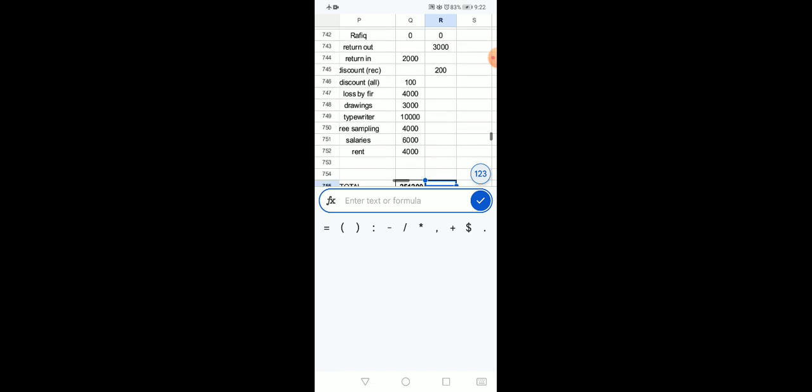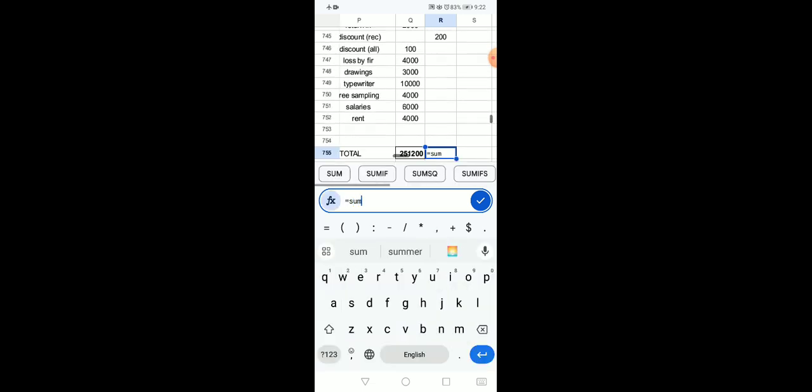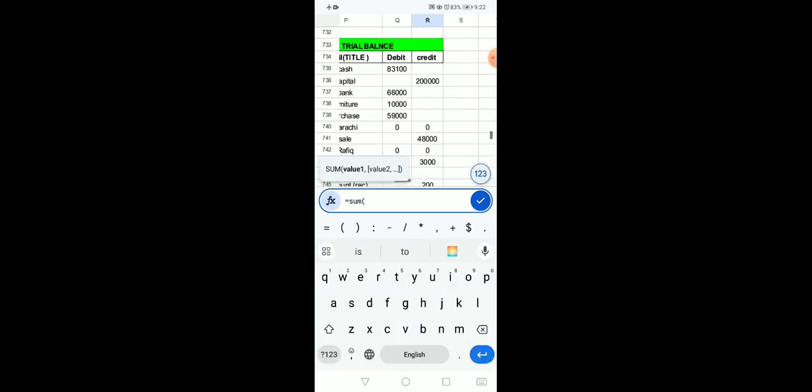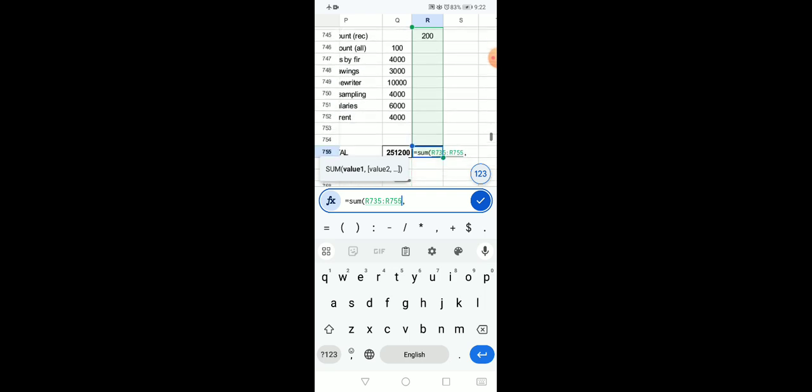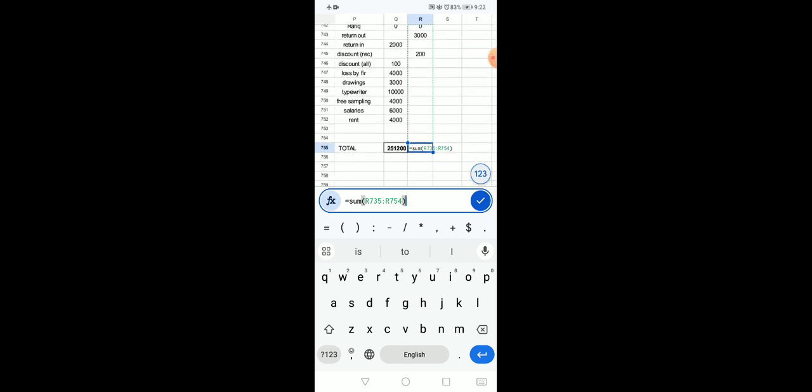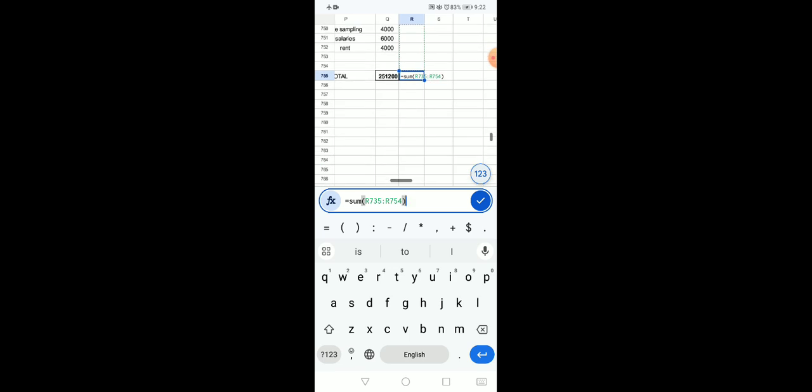It's time to calculate the sum of the other side as well. I'm again taking help from Excel, but on a calculator you will write all the amounts. So here is the time to see the fruit of this question. If the total of this side is equal to the total of the debit side, it means our answer is correct.